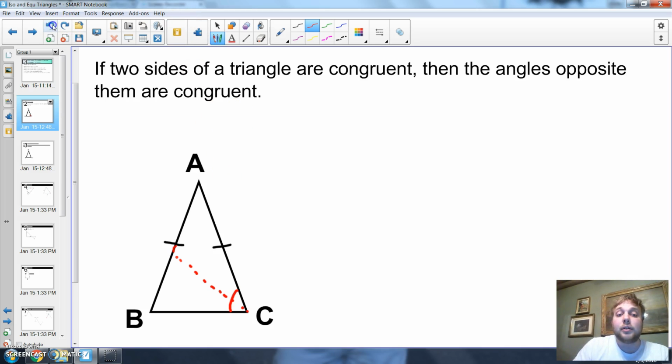So thus, listen to this. If two sides of a triangle are congruent, then the angles opposite them are congruent as well. And remember, what was opposite of those sides? This one and this one. Remember, what would be the opposite of A here?